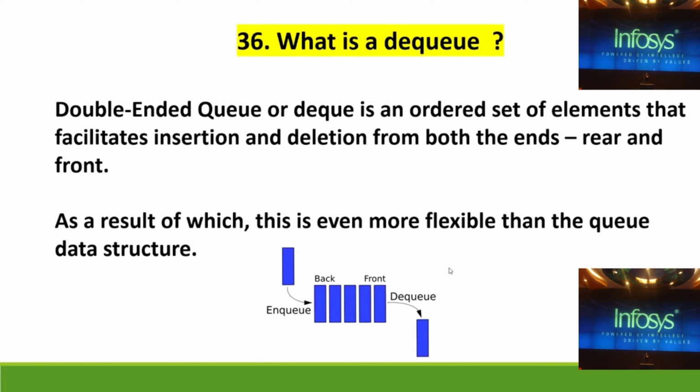And the next question: what is a DQ? A double-ended queue, or DQ, is an ordered set of elements that facilitates insertion and deletion from both ends, rear and front.